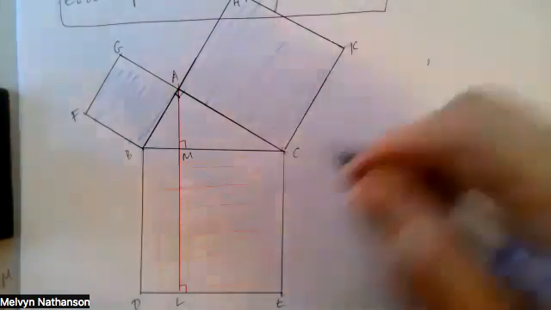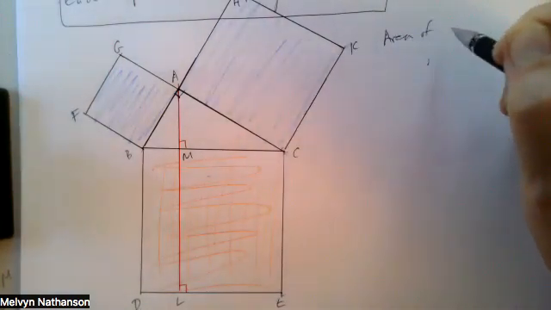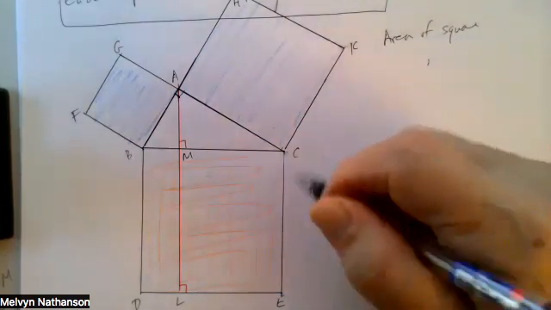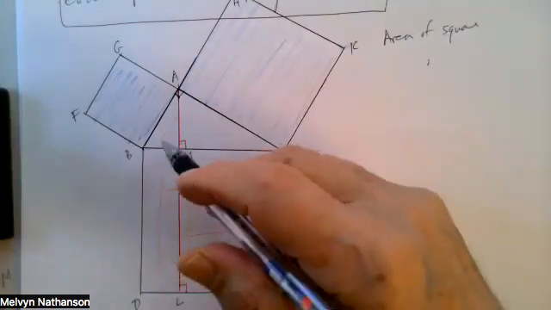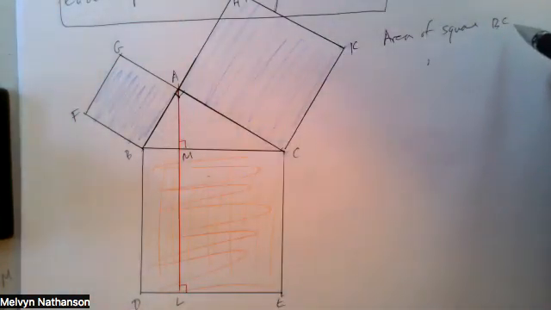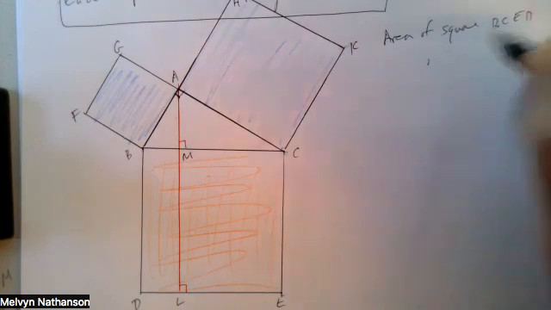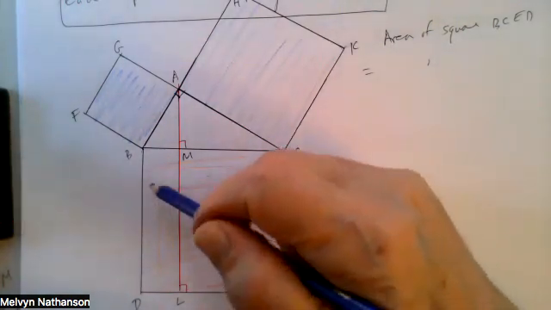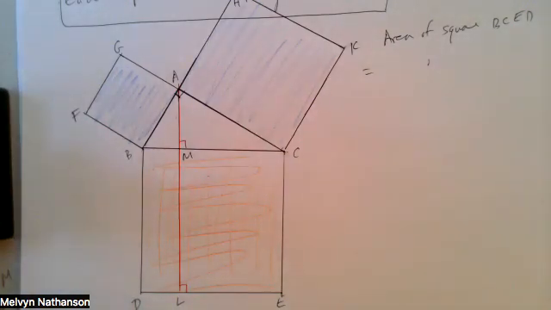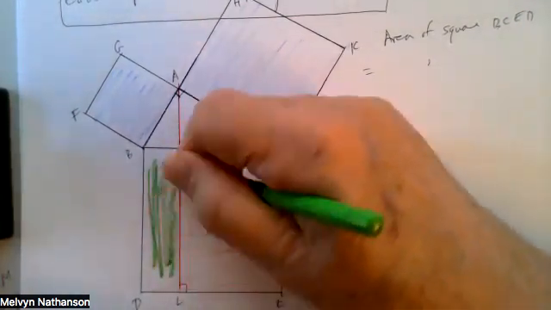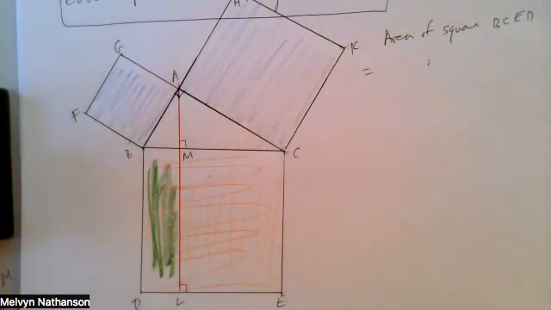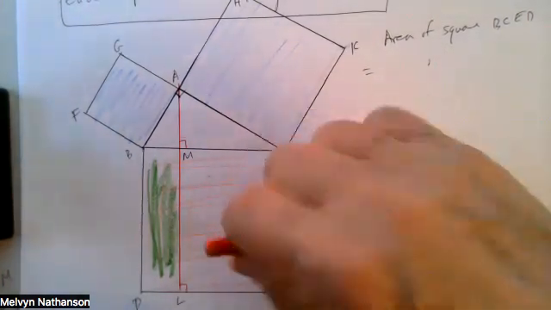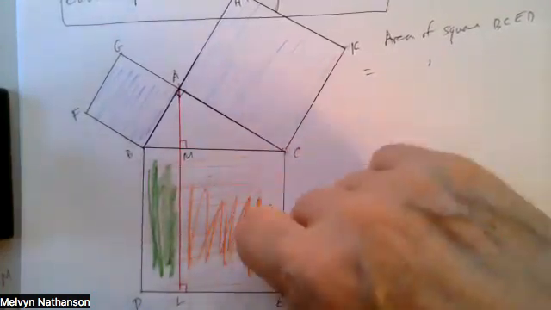And the area of the square at the bottom, BCDE, or if I go around, BCED, is the sum of the areas of two rectangles. Here's one. And here's the other.